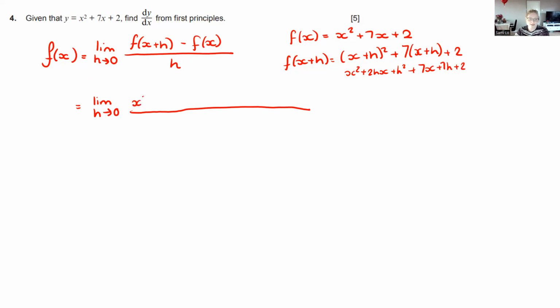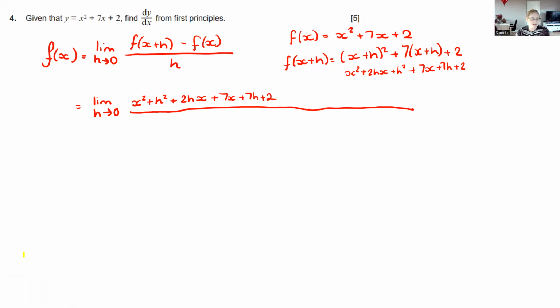Okay, so we've got x squared plus, I'm going to write these in order, h squared plus 2hx plus 7x plus 7h minus 2. Told you it was going to be a long line.